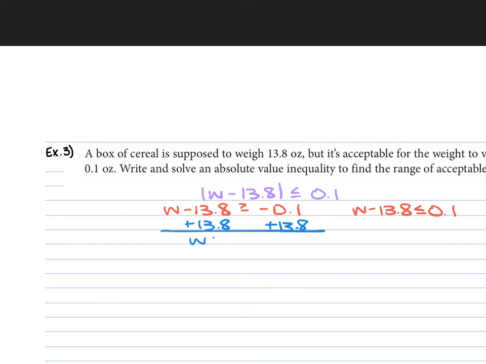We're going to have W is greater than or equal to 13.7 ounces, and W is less than or equal to 13.9 ounces. So look at your inequality. It's an and statement, so 13.7 is less than or equal to W, which is less than or equal to 13.9.